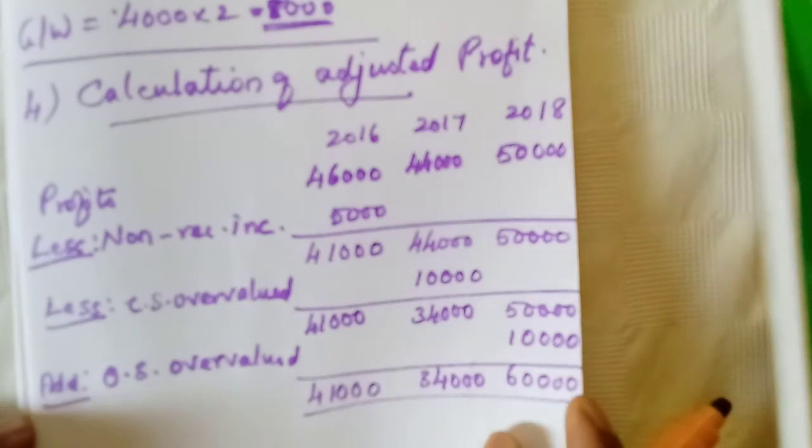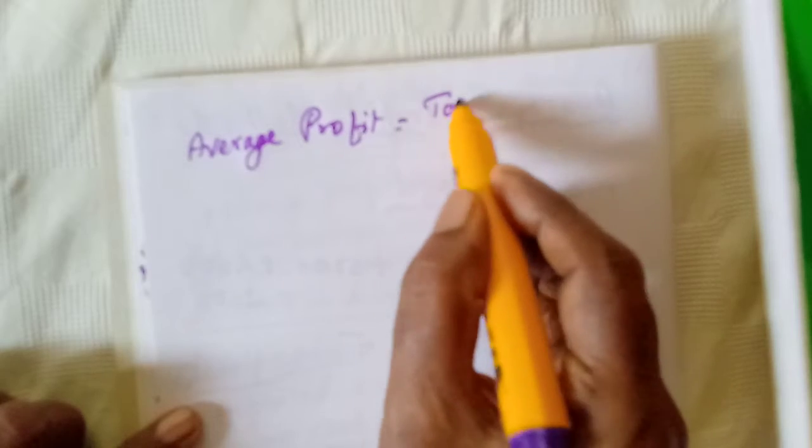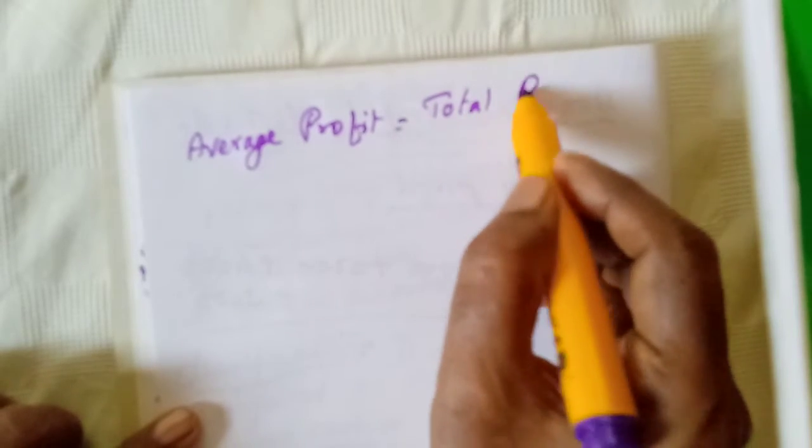Total profit. From this profit only we need to calculate the average profit. Average profit is total profit divided by number of years.